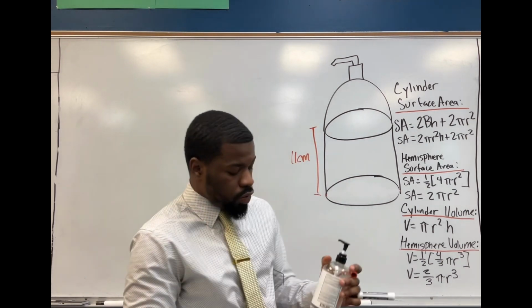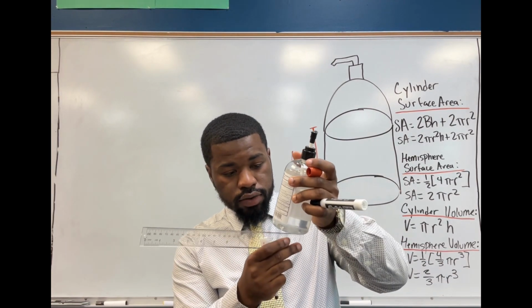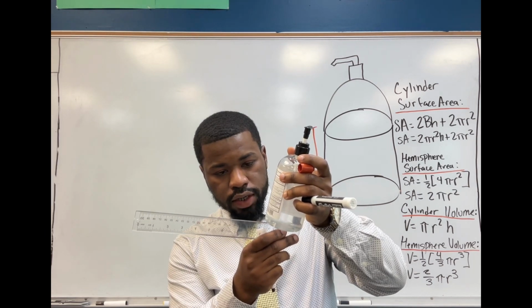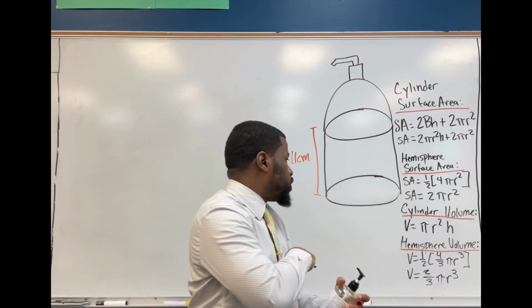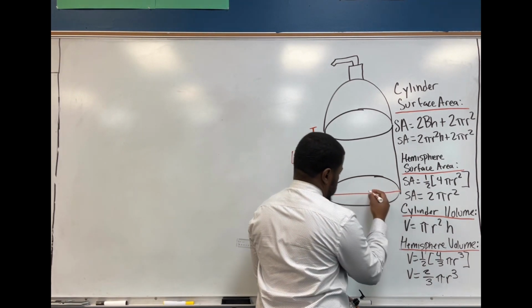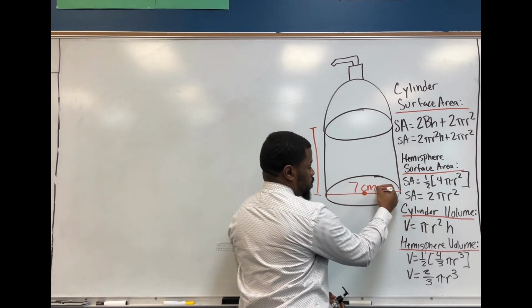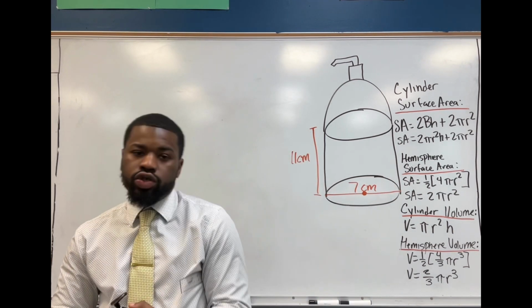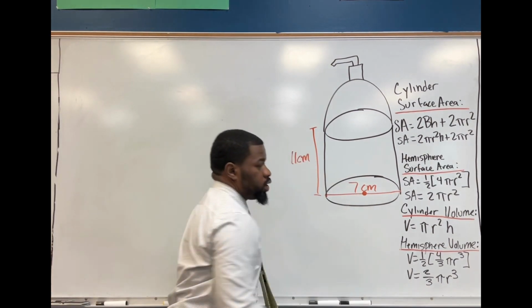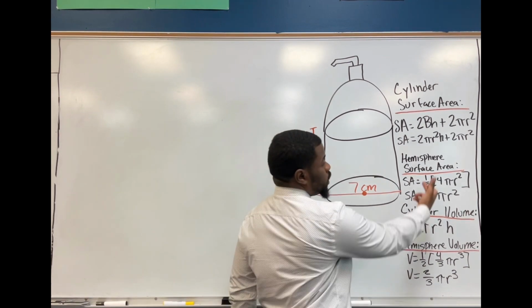All right, and then the width, I'm gonna utilize this ruler once again. Okay, so based on the measurement, this width is about 7 centimeters. Okay, so when you're dealing with geometry, surface area, and volume, the main important component that we need to identify is our radius.